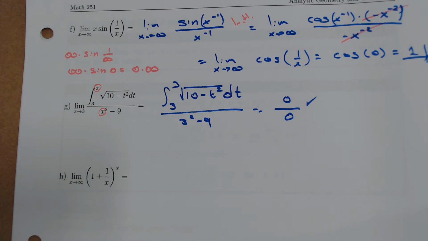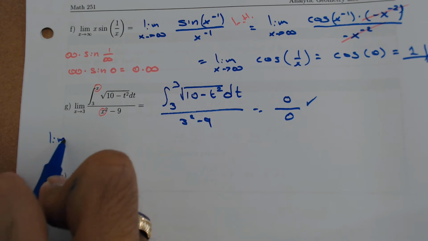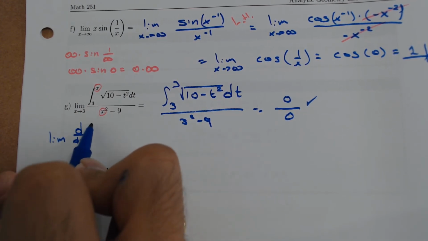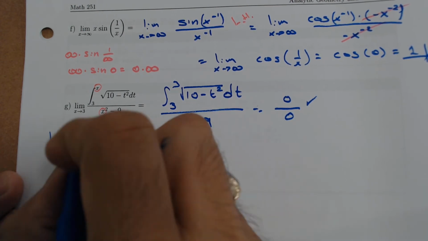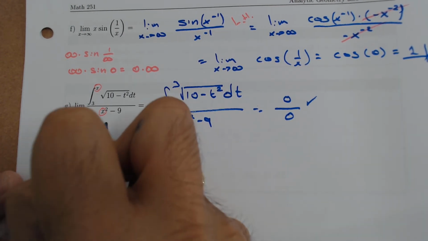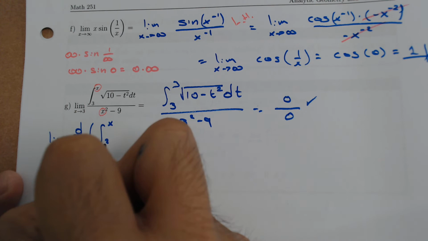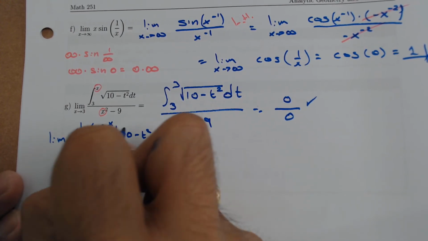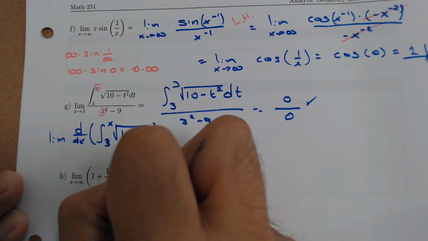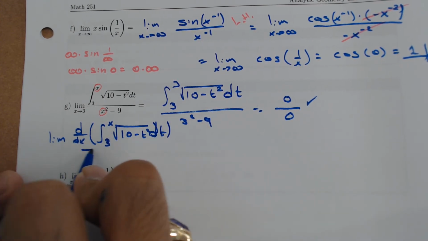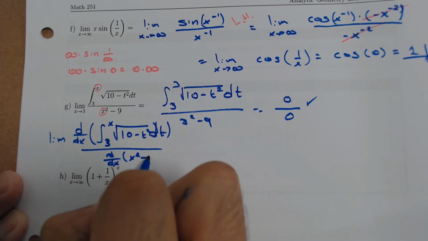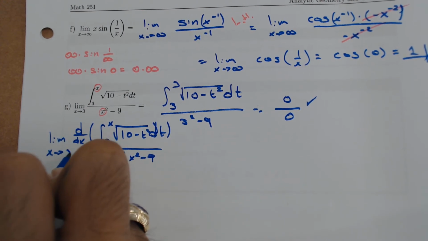Let's do L'Hopital's rule and simplify this one. So limit, let's denote the derivative. I didn't do this in the other exercises, but just to be more explicit with the notation for this particular case. That's the derivative of the integral of the square root of 10 minus t squared dt, and the derivative with respect to x of x squared minus 9, as x approaches 3.